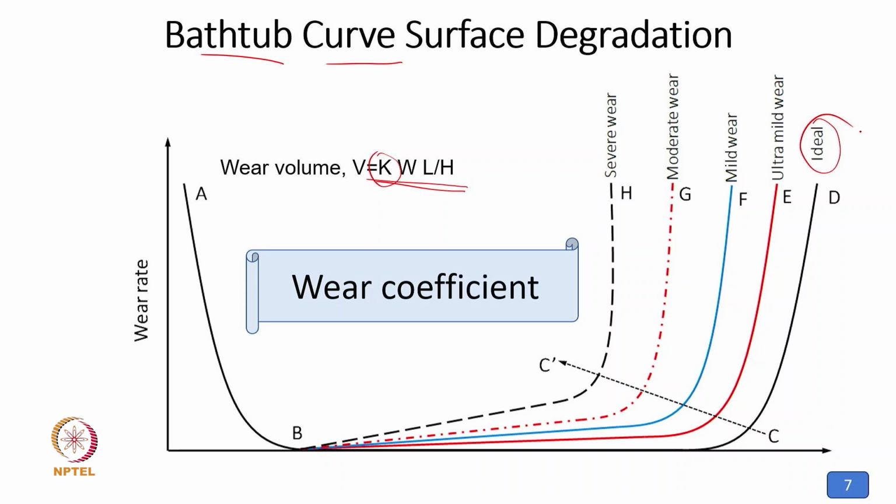Now this is what we are seeing, the ideal case. So what is the meaning and why do I say ideal? Because if you look at A to B, it is decreasing, C to D it is increasing, but this portion B to C is perfectly matching the x axis, value is 0. That's an ideal case. That means once running in is done, the wear has settled down, and after that there is no wear at all.